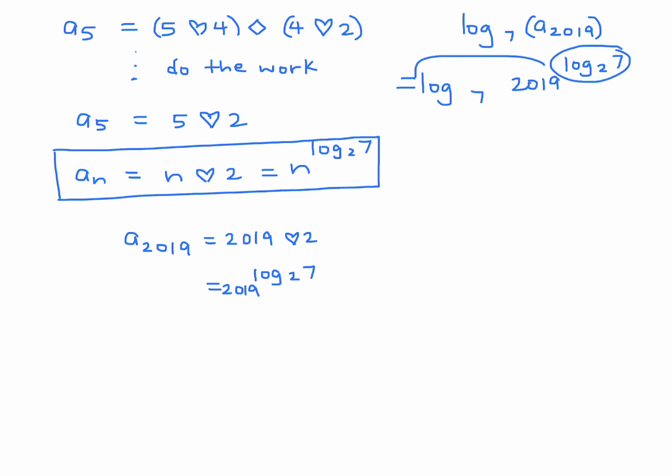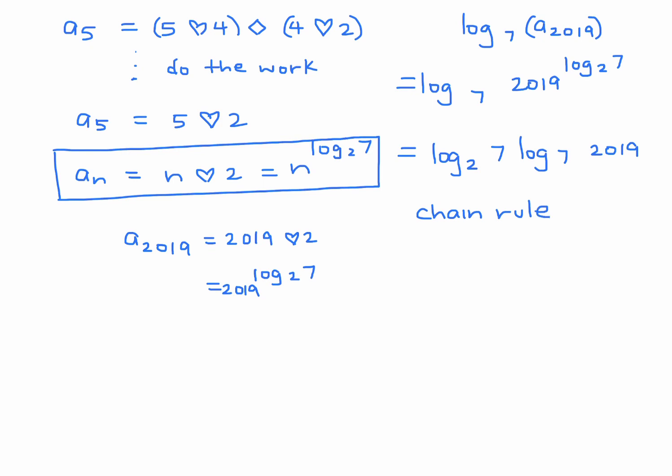Well, that comes down there using log rules. So this becomes the log of 7 to the base 2 times the log of 2019 to the base 7. Now at this point, you use something known as the chain rule, the lesser known log rule.